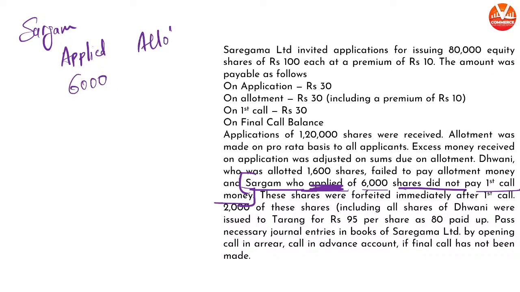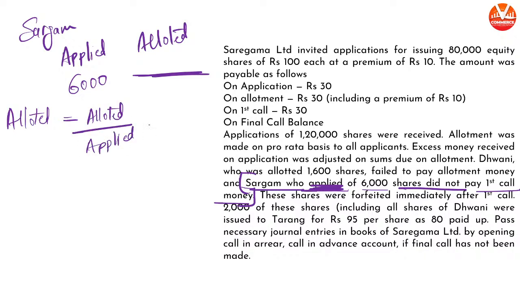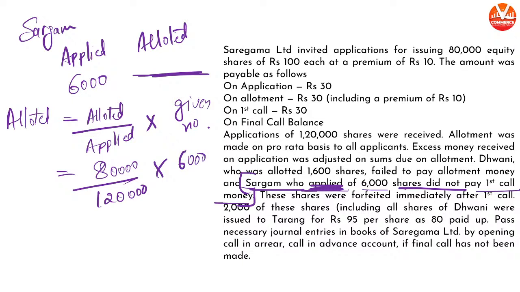We have to calculate allotted number of shares. We will keep allotted in numerator, applied in denominator, and multiply with given number of shares. So allotted 80,000, applied 1,20,000, multiplied by 6,000. So 80,000 divided by 1,20,000 multiplied by 6,000, it will be 4,000.